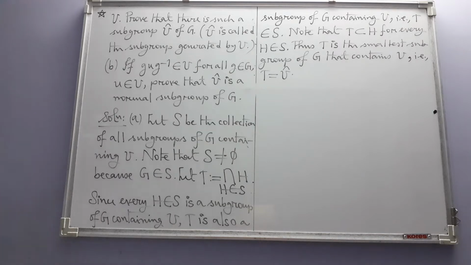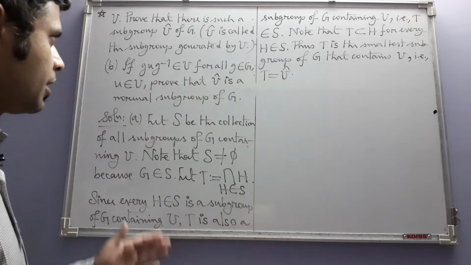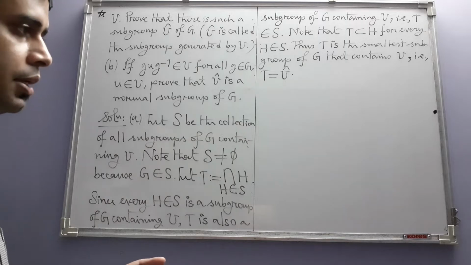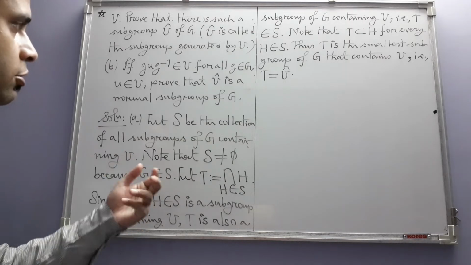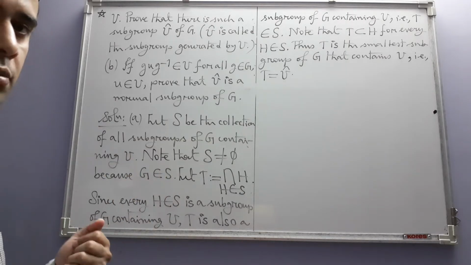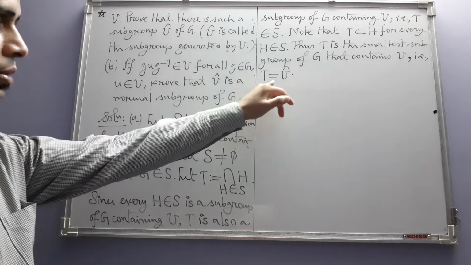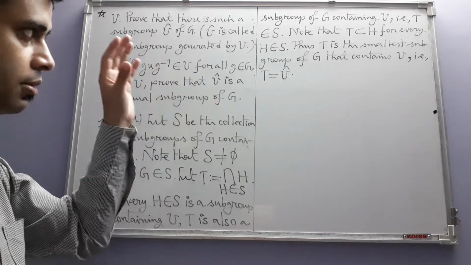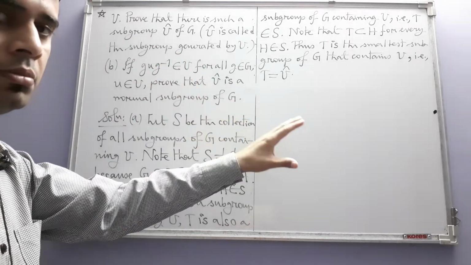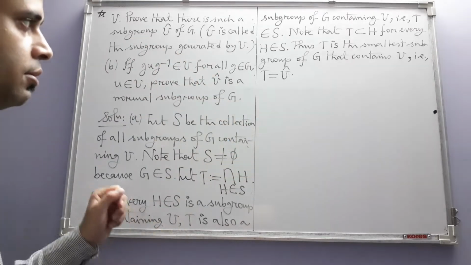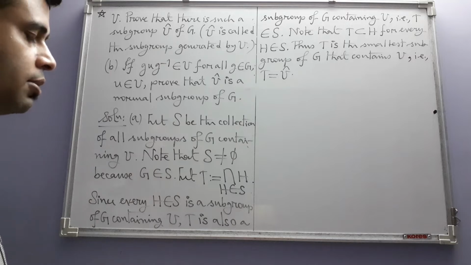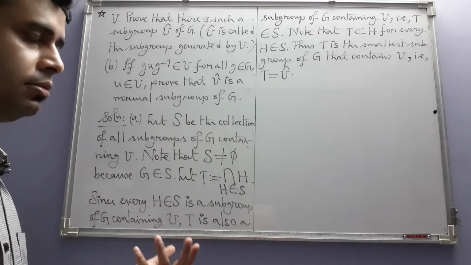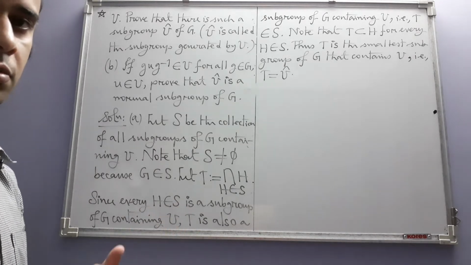Okay. Now to prove part B, we actually need to show something more about U hat, more than the definition it has, namely the smallest subgroup of G containing U. We want to know how the typical element of U hat looks like.